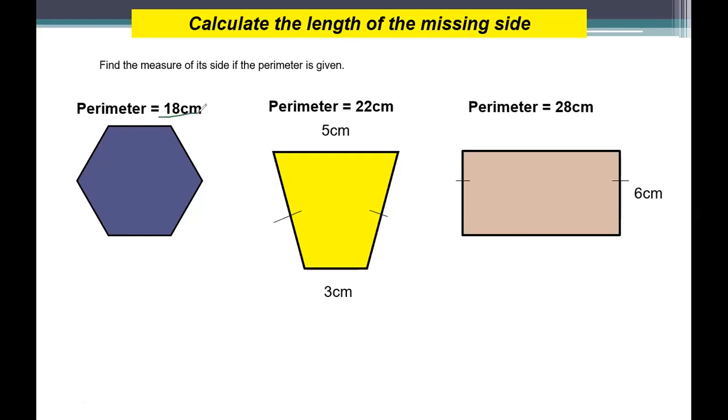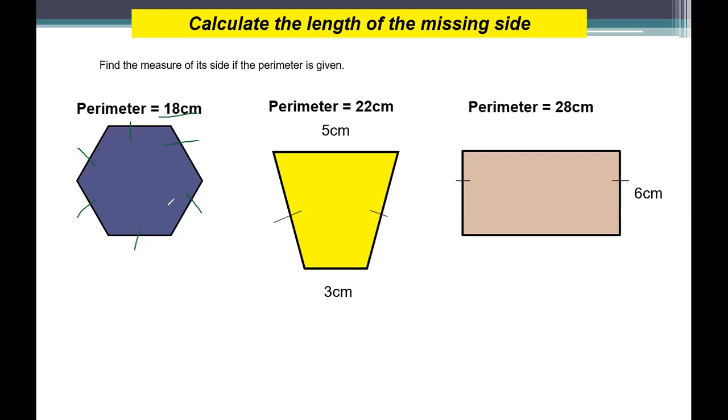Here we have 18 centimeters, meaning the perimeter of this hexagon is 18 centimeters, and this is a regular hexagon. How are we going to find all the sides if only the perimeter is given? Remember, all the sides of this hexagon are equal.